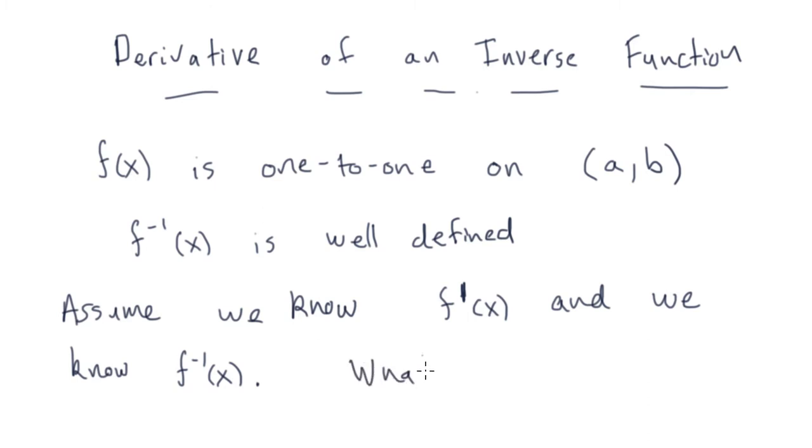So what is f inverse prime of x? And so notice the notation is a little tricky, but we're just saying, okay, we're taking the inverse function of f and taking the derivative. Okay? So let's see how it's done.